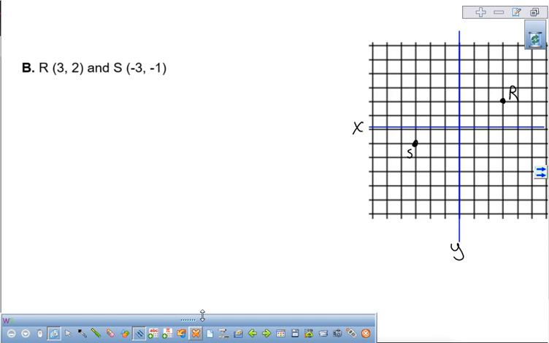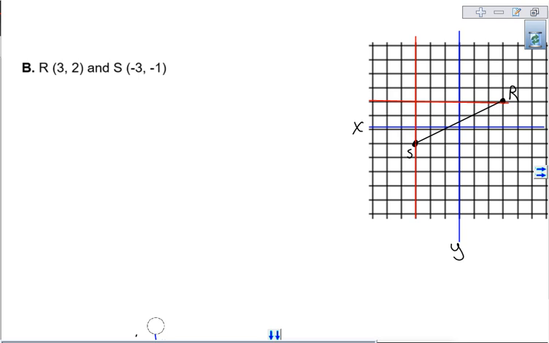Now, just like I said to do with the last one, draw on your grid lines to make your right triangle between R and S. So from S to the point where those two lines intersect is 3 units.